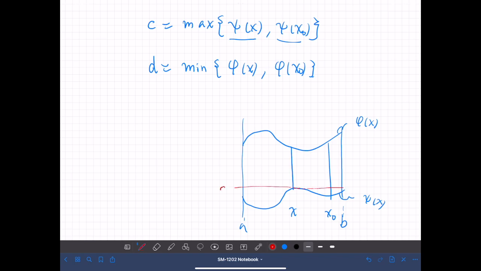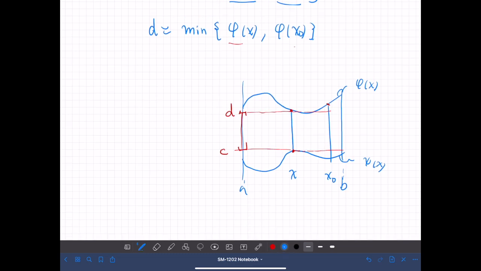And d is the minimum of this or this, so it would be this value. So now we consider an interval between c and d.